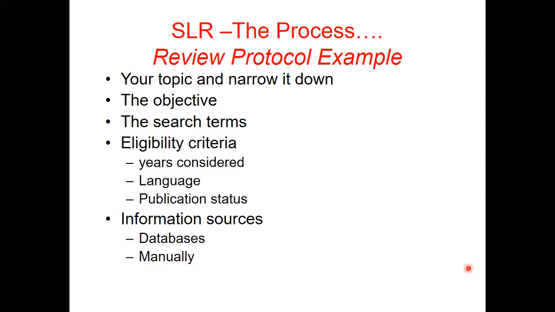The search terms that were used in your systematic search, the eligibility criteria, of course, years considered, was it 2020, maybe 2010 to 2022? The language, did you search only articles in English, or French or Chinese, etc.? All these, publication status, how many were published, how many were unpublished, your information sources, databases, and those which were acquired manually.